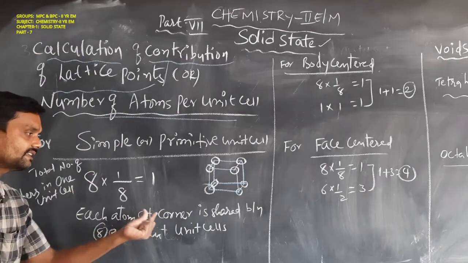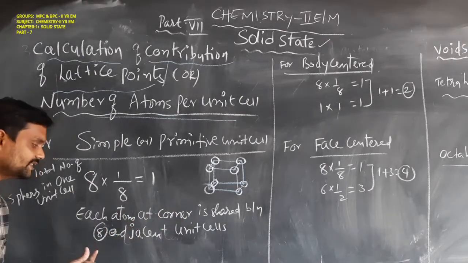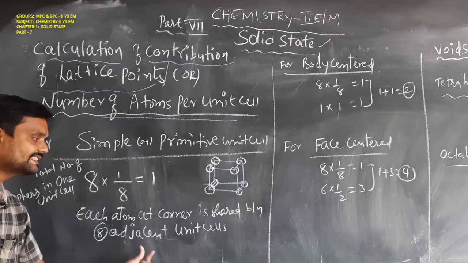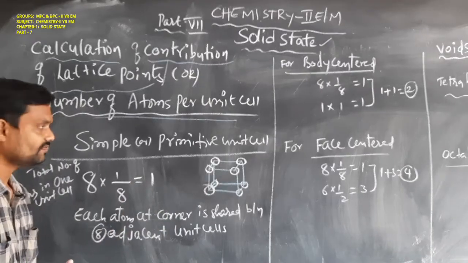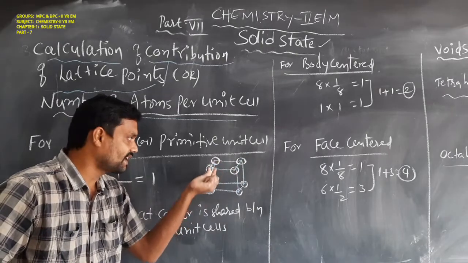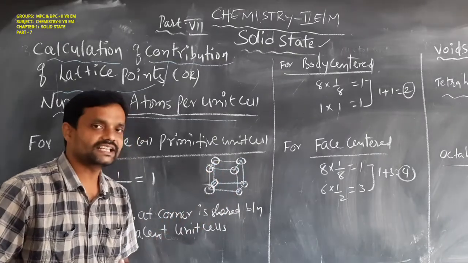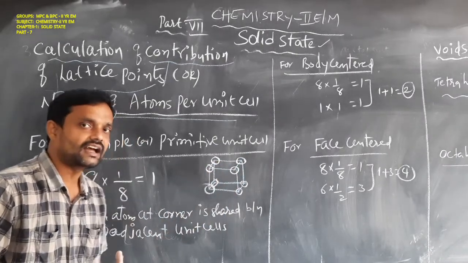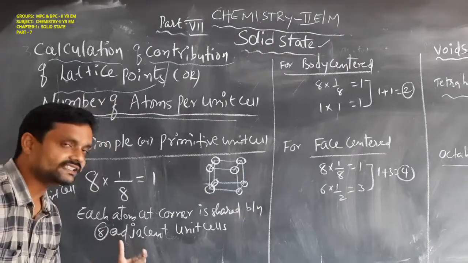Each atom at a corner is shared between the 8 adjacent unit cells.